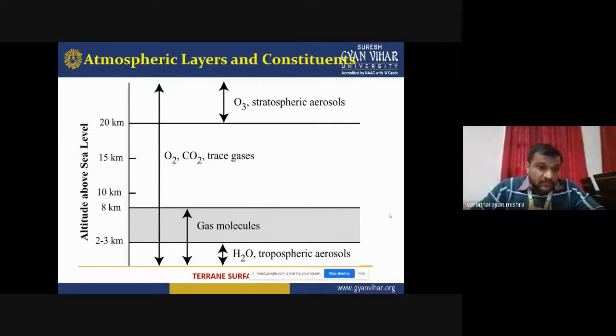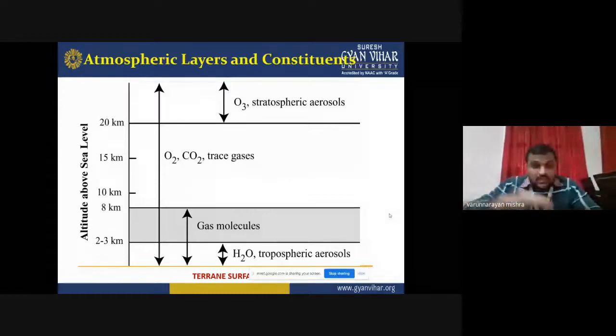Okay, at different altitudes above sea level, we may have different compositions of the atmospheric gases. Ozone gas is there, carbon dioxide is there, different water molecules, water droplets are there, aerosol particles are there. So depending on the composition of the gases in the atmosphere, there may be different absorption processes for the radiation that is coming from the sun.